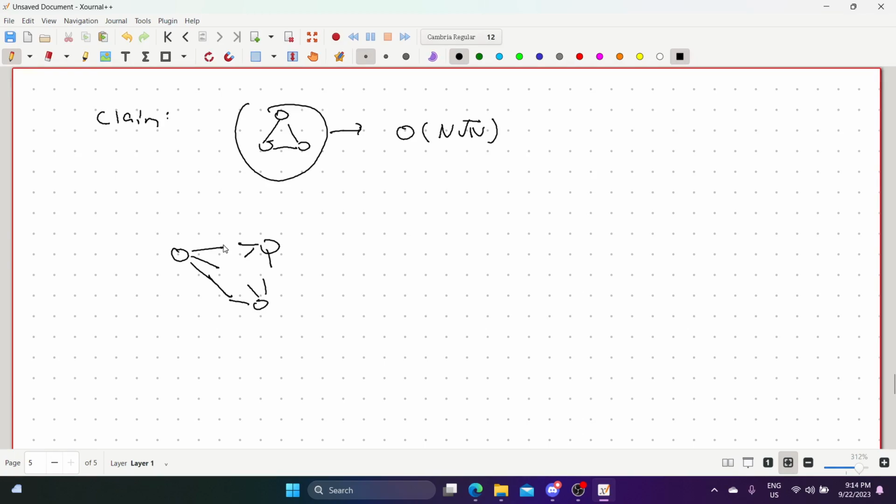We consider the case where the triangle is formed by vertices where all three vertices have degree smaller than, actually it's not square root n, it's square root m.